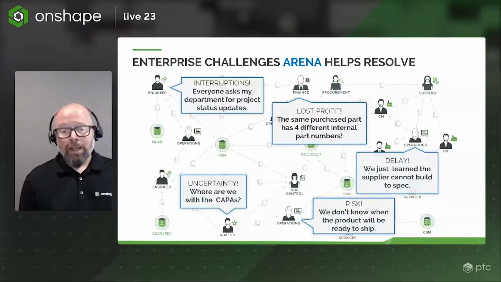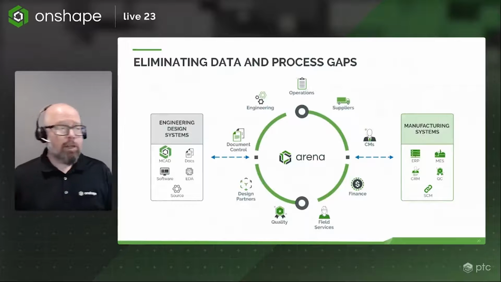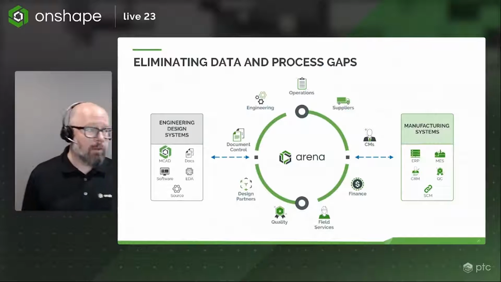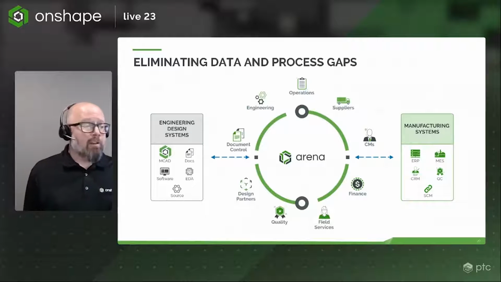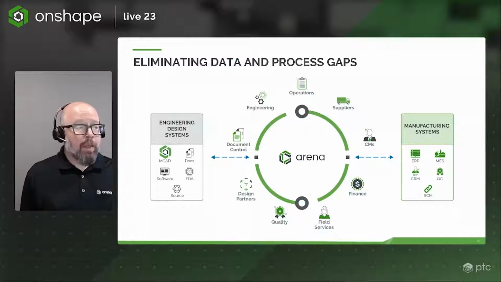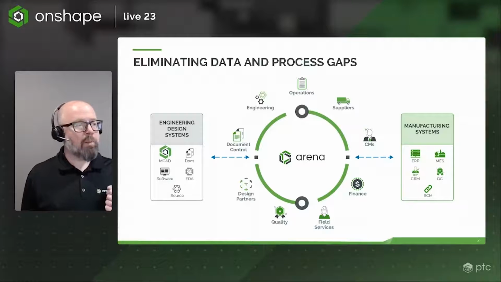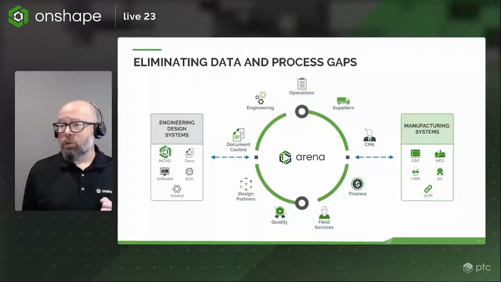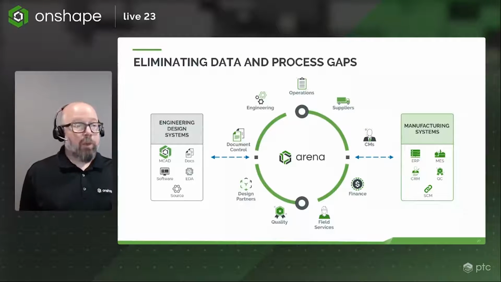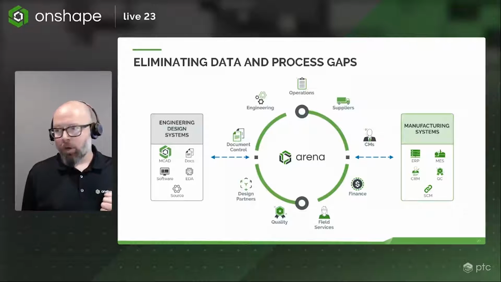And really, by connecting Onshape and Arena, we're talking about reducing risk in the organization, such that you have a cloud native product development environment that connects, on the left hand side here, your design tools. Today we're focused on Onshape and we'll talk about the connection primarily, but there could be other design tools in your organization as well. Think printed circuit board design, or there may be a software development team that goes with the product or in the cloud associated to the product.